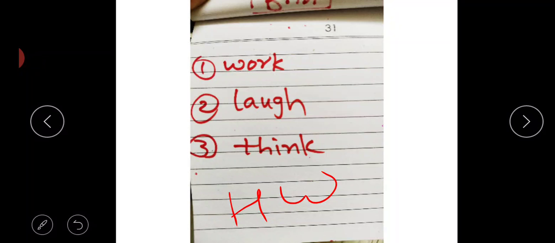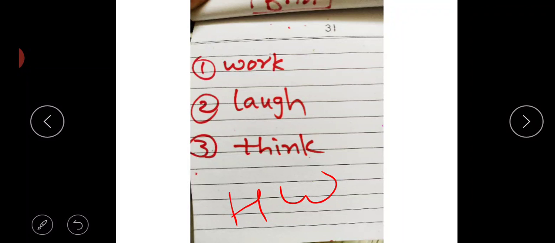So my friends, today we have learned about simple present tense. Two things to remember. One is we should use simple present tense when we are talking about an action that happens every day, on a daily or regular basis, right?